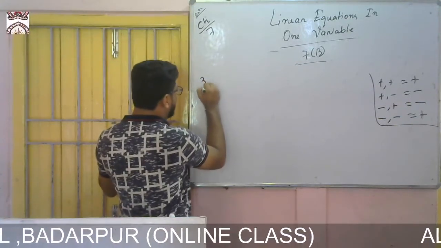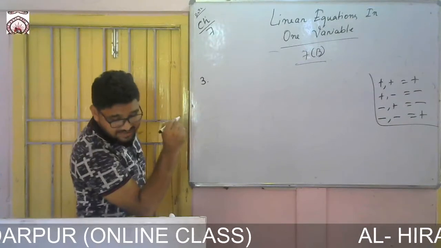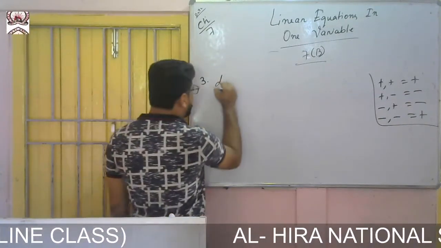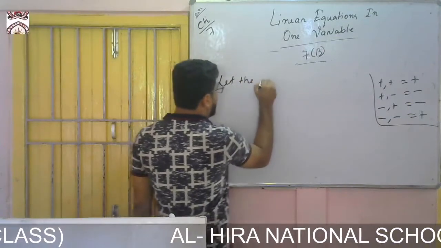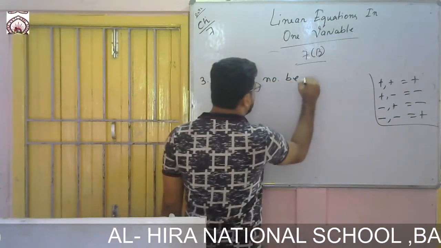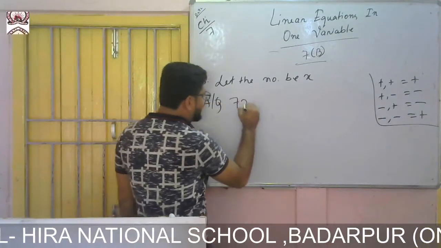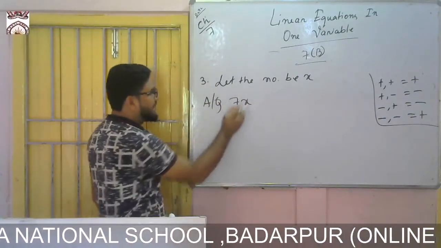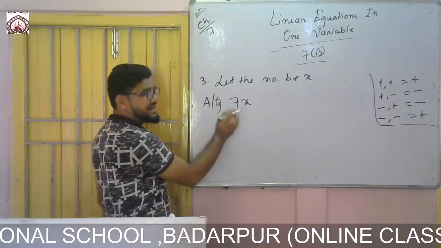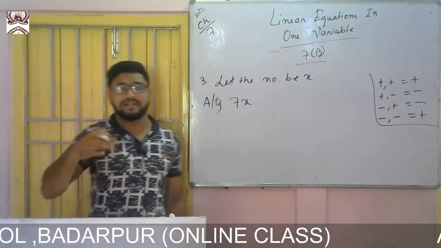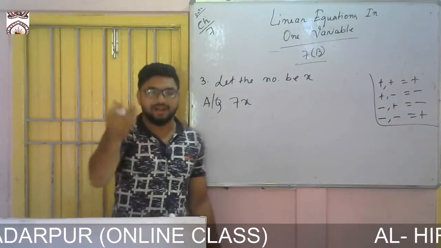Question number 3. 7 times a number decreased by 3 equals 18. Let the number be x. According to the question, 7 times a number. Whenever you find "times", it denotes multiplication.